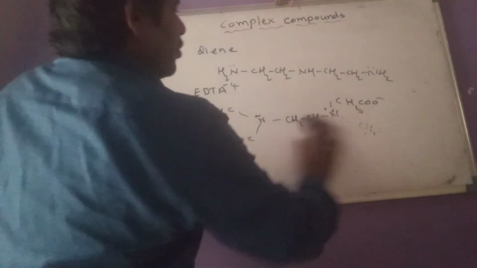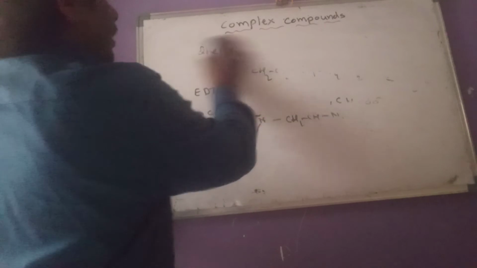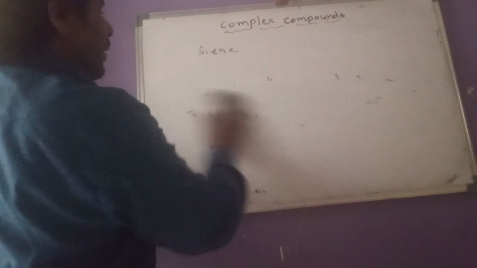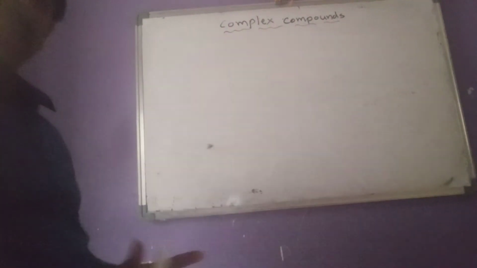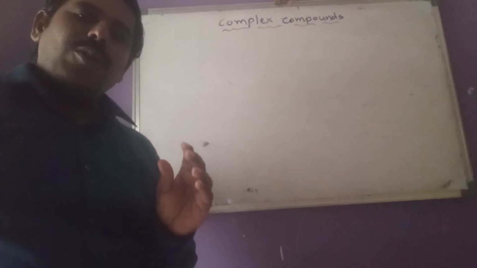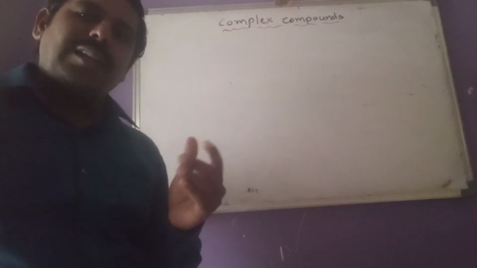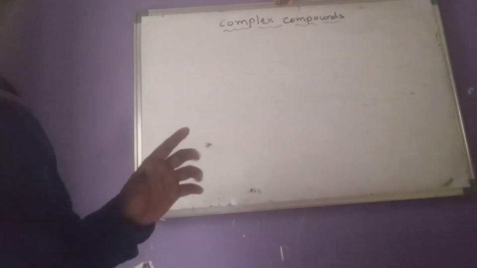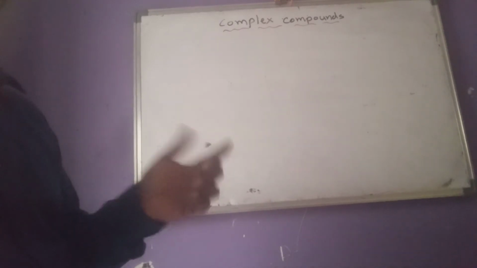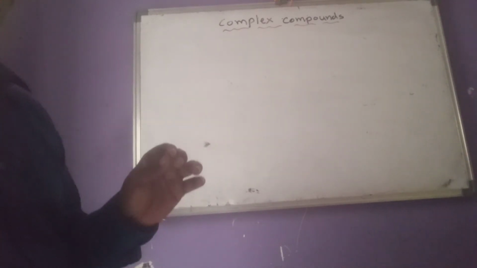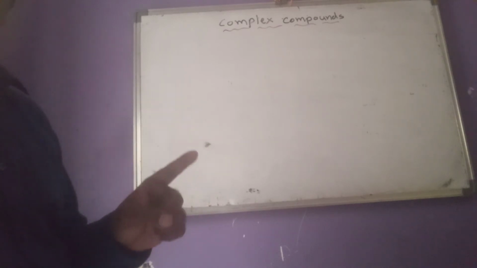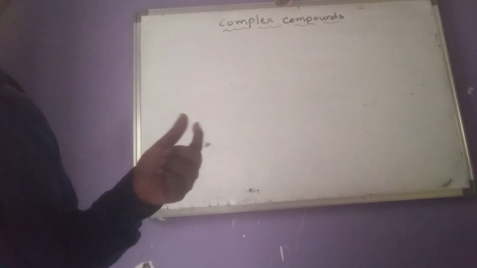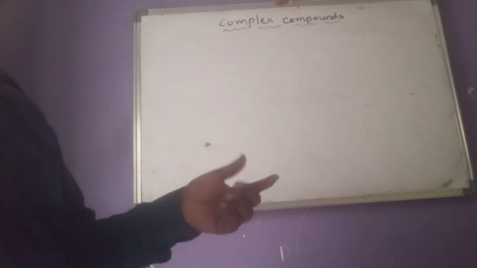Now let us go for another type of ligand, ambidentate ligand. What is the meaning of ambidentate ligand? Ambidentate ligand contains more than one different type of donor atoms, but at the time of coordination, only one of the donor atoms coordinates with the central metal ion.